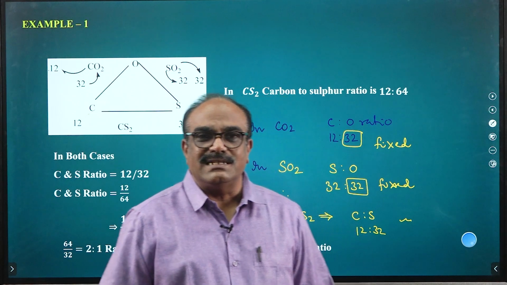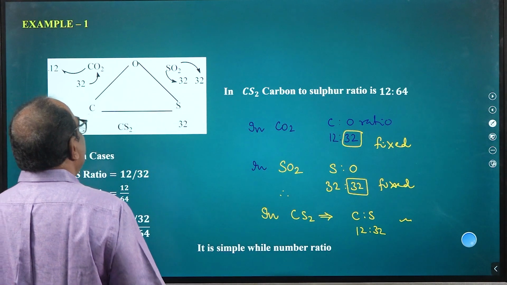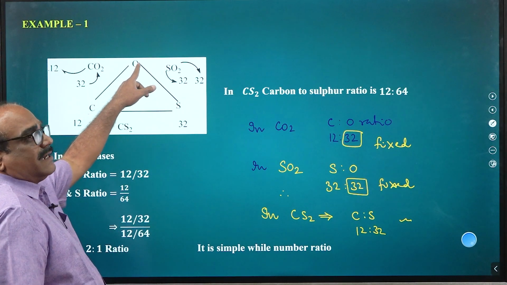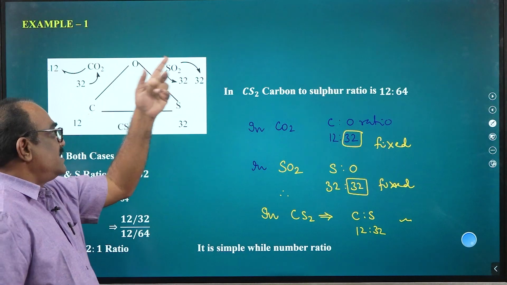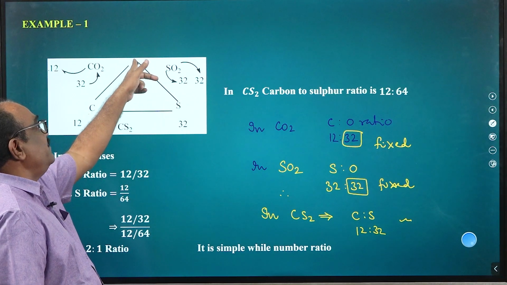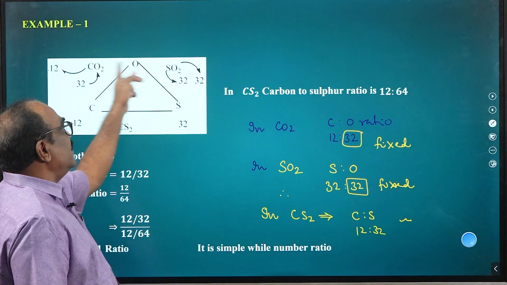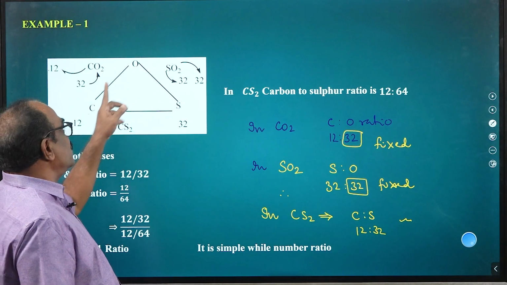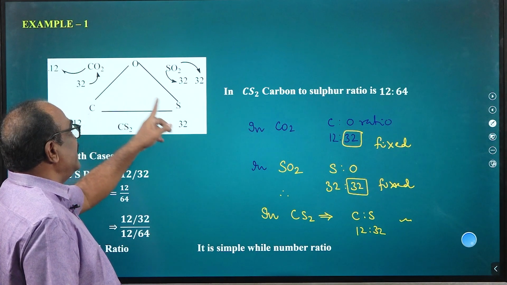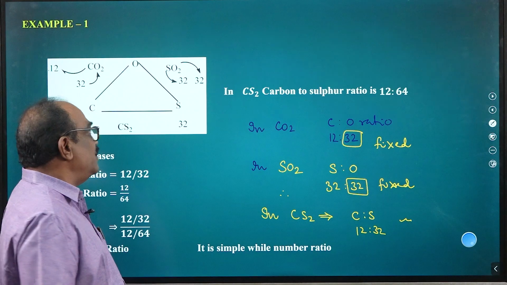Yes, students, let us look into a specific example I am taking here. Carbon combines with oxygen to produce carbon dioxide. Sulfur, another element, combines with the same oxygen to produce sulfur dioxide. So, two different compounds are produced. A third element, oxygen, is going to combine with sulfur individually and carbon individually to produce two different chemical compounds.